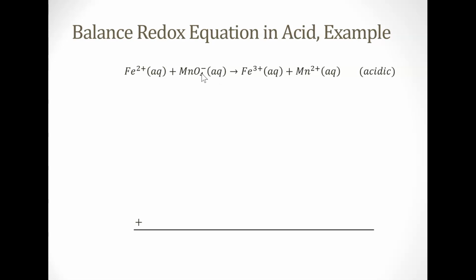So that's -8 total. So X minus 8, we set that equal to -1 because that's the charge on the species. And X equals +5. So the oxidation number on manganese is +5. We can see that manganese is getting reduced to +2.